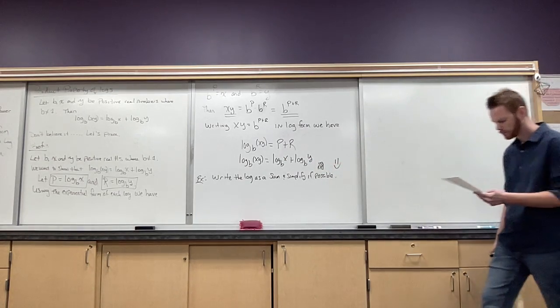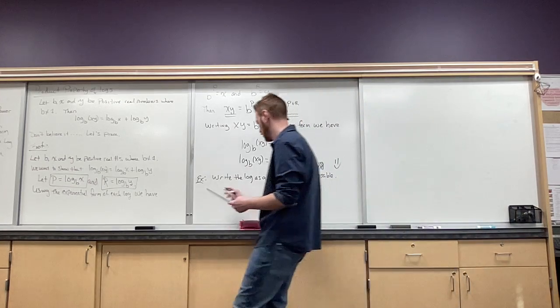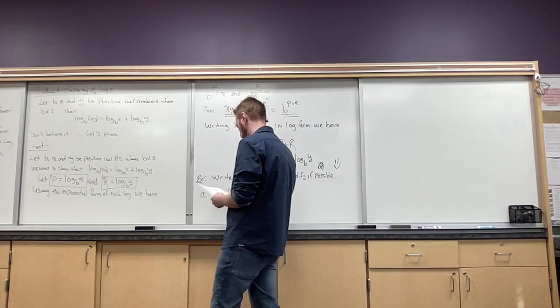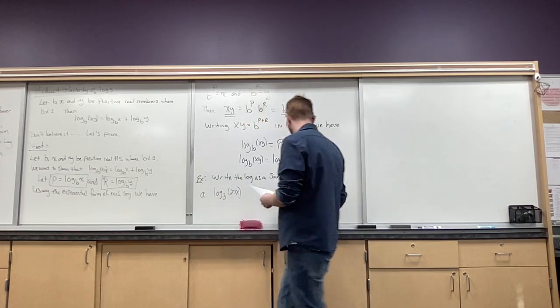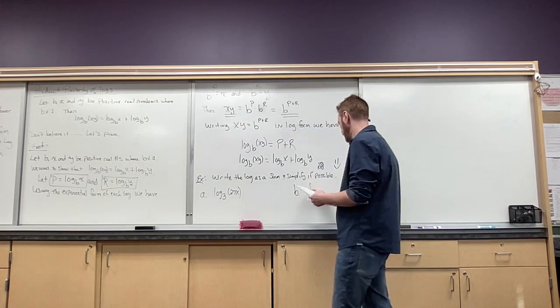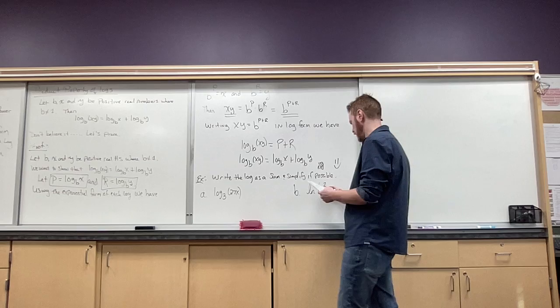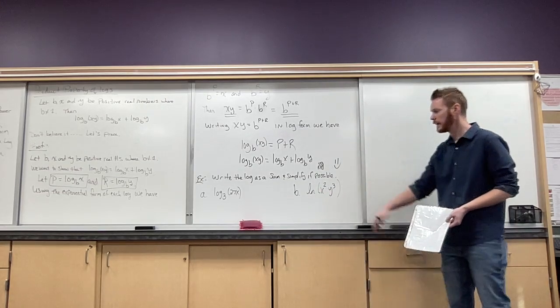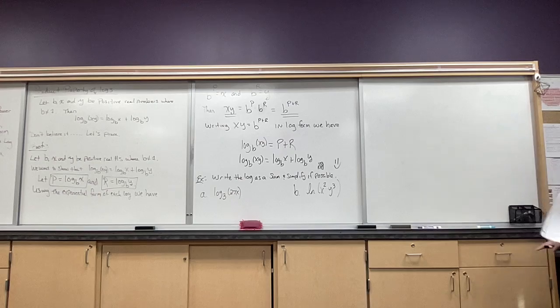So we're going to have two little examples here. A's example will just be log base 3 of 27x, and B's example would be the natural log of x squared times y cubed. And again, I'm not trying to solve anything, I'm just trying to break it apart.